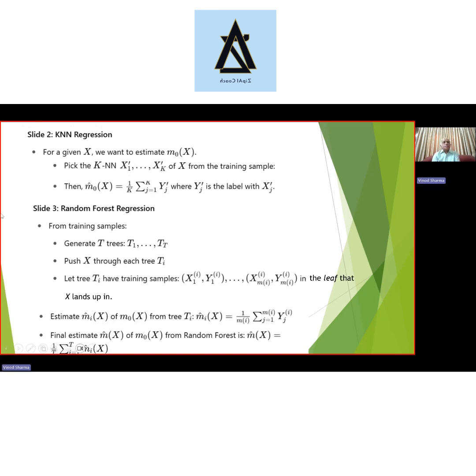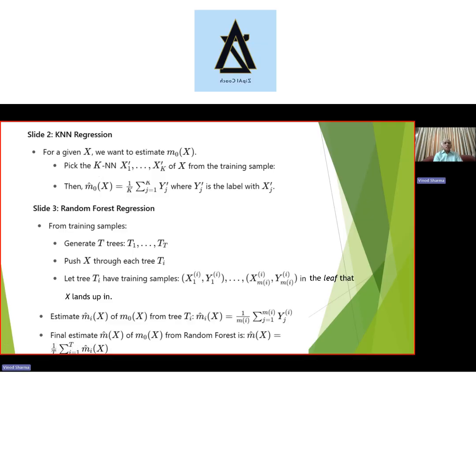So KNN for regression: we have the training data x1, y1 to xn, yn, and we want to estimate m naught x at some given x. As before, out of the data corresponding to x, we find the k nearest neighbors in the training sequence x1 to xn.